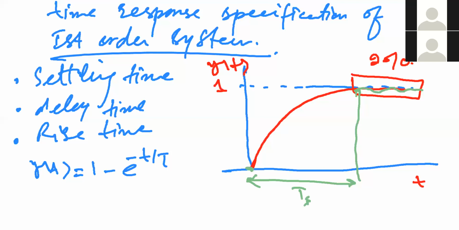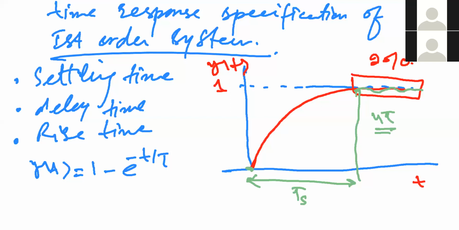This is the time axis, and this is called the settling time, Ts. Generally, this 2% will be reached when the time constant is equal to 4.